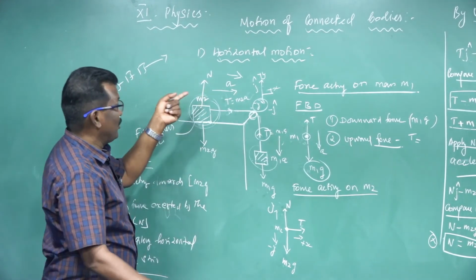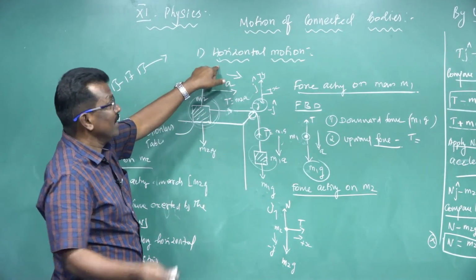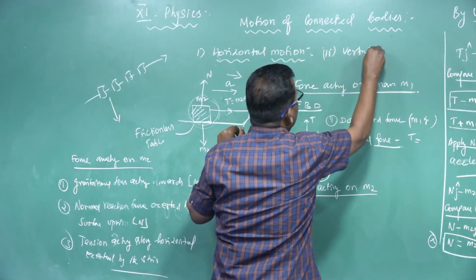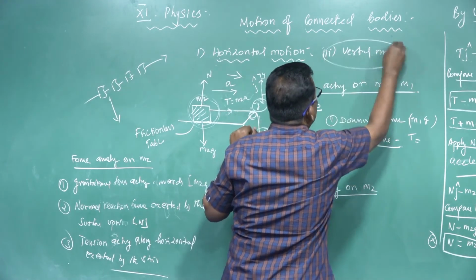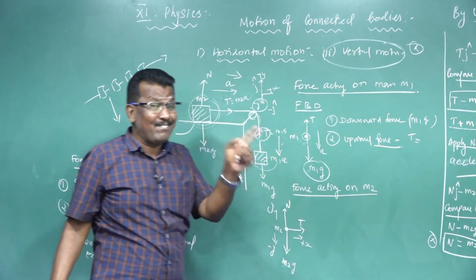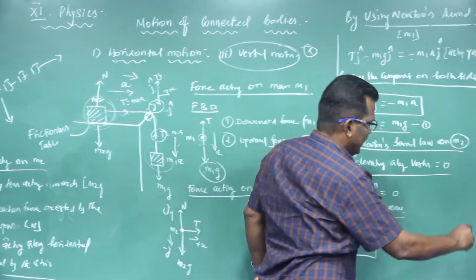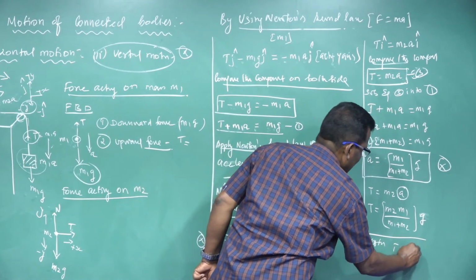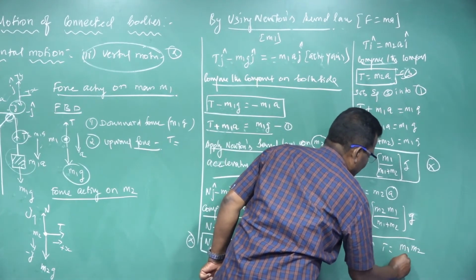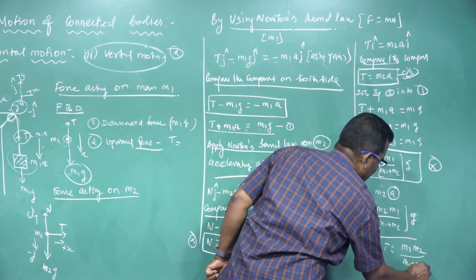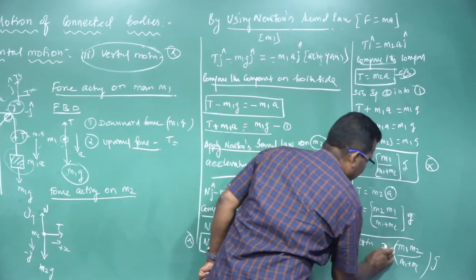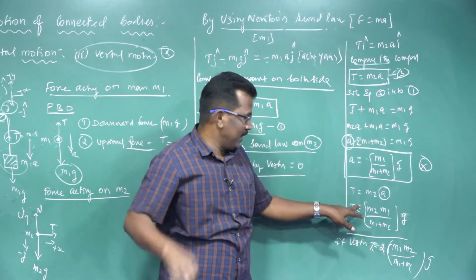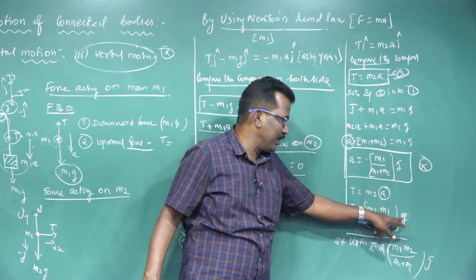Suppose in horizontal motion the tension is m1 m2 divided by m1 plus m2 into g.